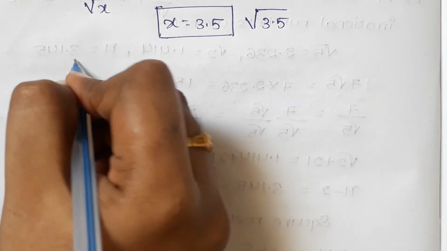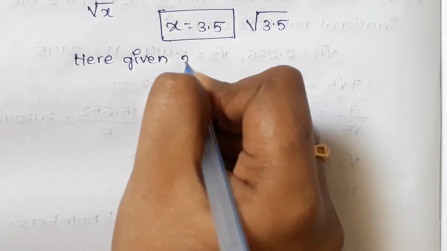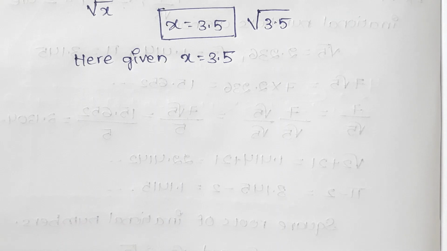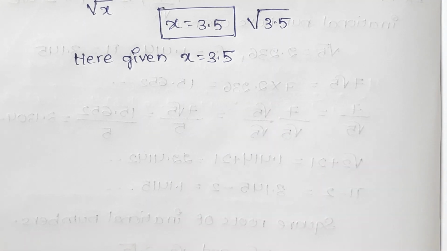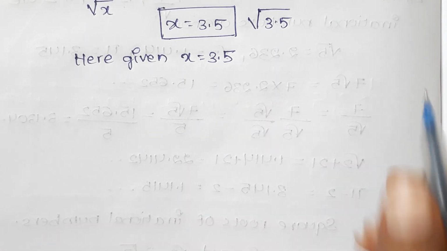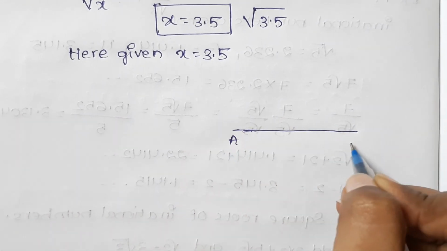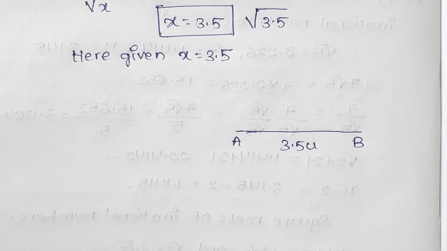First we should mark 3.5 units from a fixed point A to B. This is 3.5 units.